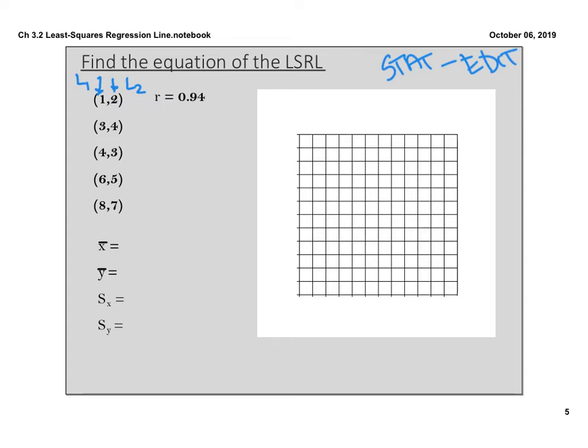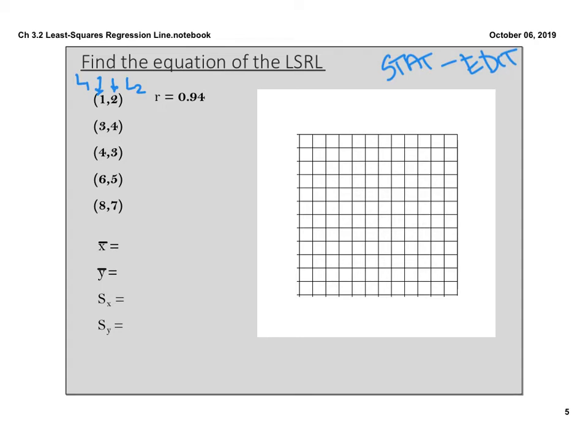If you don't remember clearing out your list in your stat editor, you want to arrow up to where the list label is highlighted. So like right now I'm on L2 and my L2 is highlighted. I'm going to hit clear. Don't hit delete, because that deletes the whole list. But if you hit clear and then hit the down button, it clears out all the data from that list. I'll go over and do it for L1 as well.